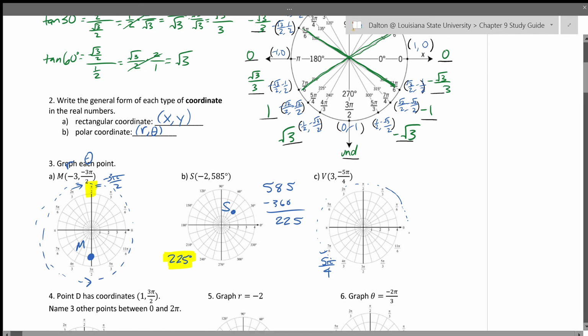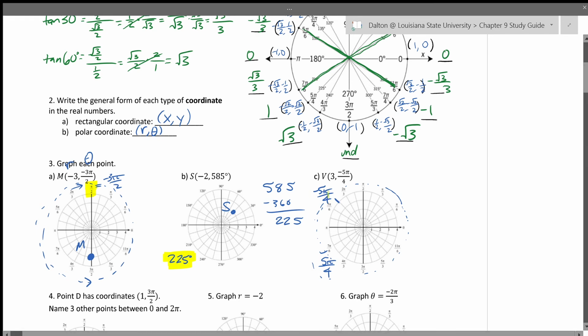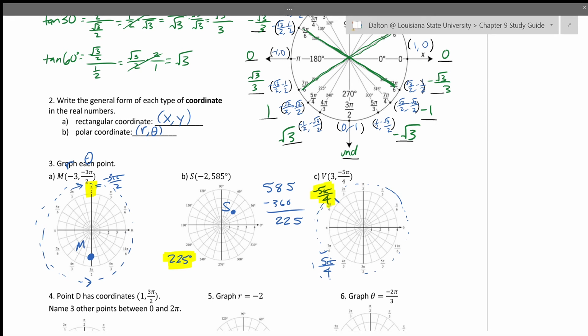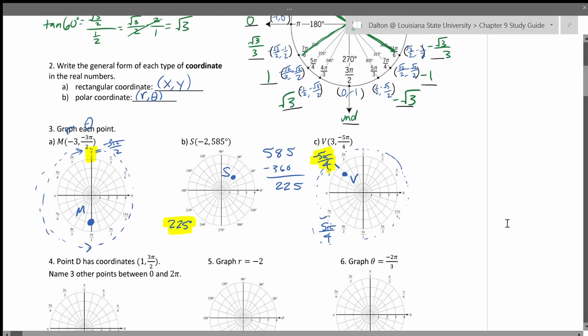So if we start at 0 and we go that same distance over here, negative 5 pi over 4 is going to be that angle right there. And then r is 3, so that means from the pole, since it's positive, I'm going to count 3 toward that angle. And then plot point V. Make sure you label your points.